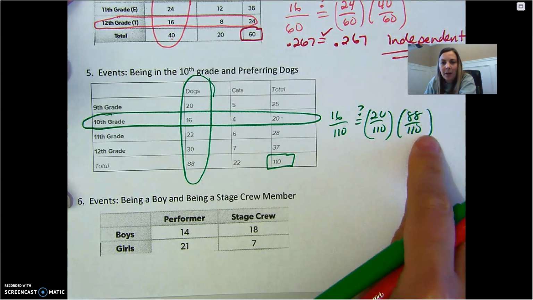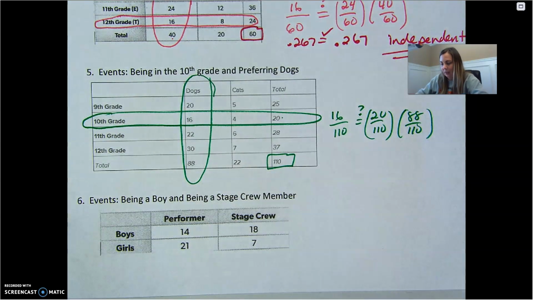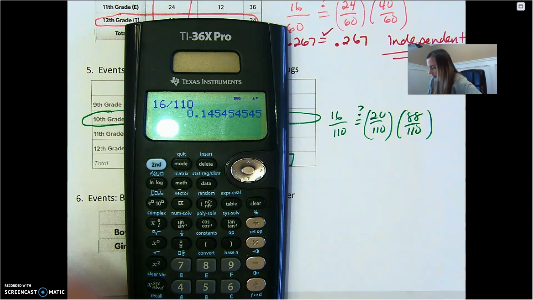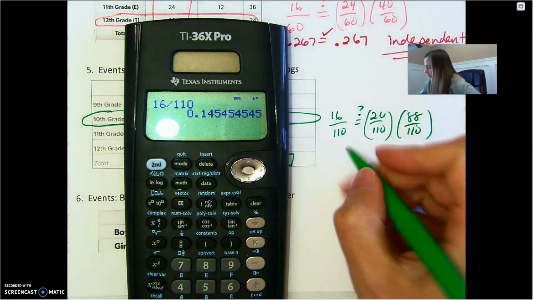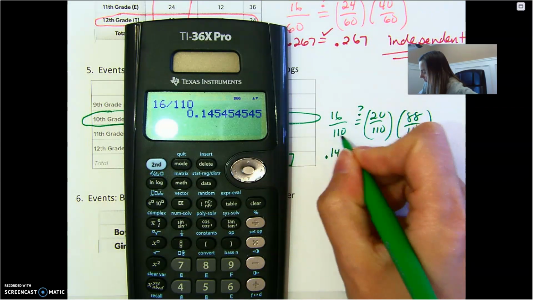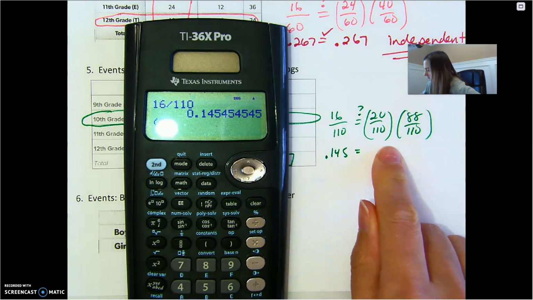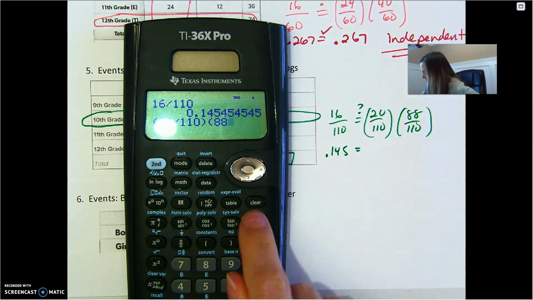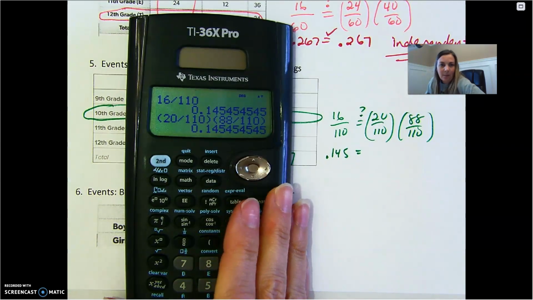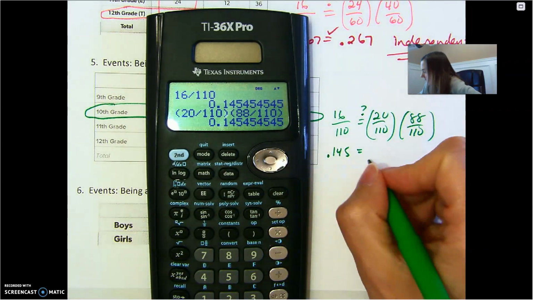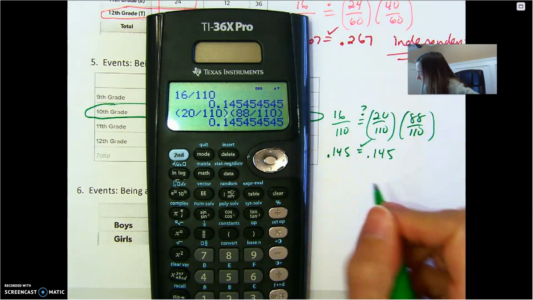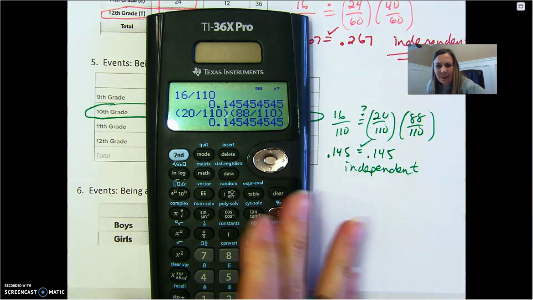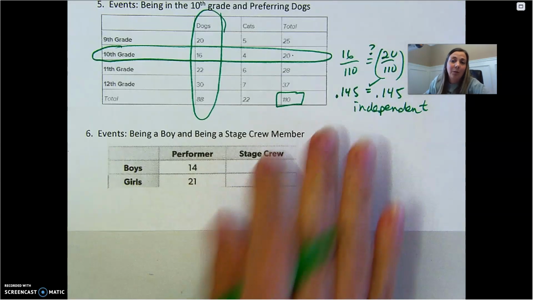We're going to see if this product of the two events equals the intersection. 16 out of 110, let's convert that. This decimal is 0.145. And then over here we have 20 out of 110 times 88 out of 110. That gives me, oh, look at that, it matches. 0.145. Check. So we are independent. Hopefully you're getting the idea with this formula. It's the same thing over and over and over.